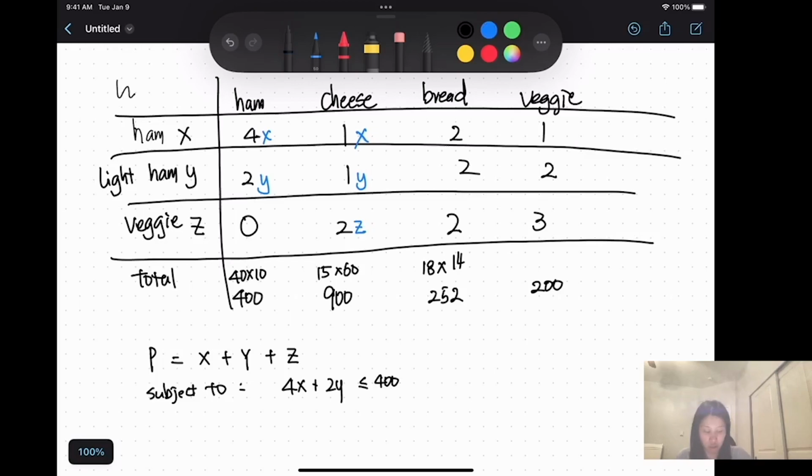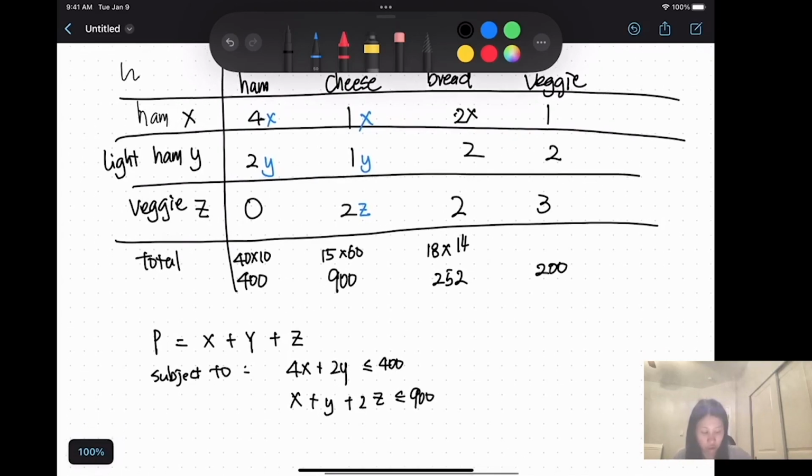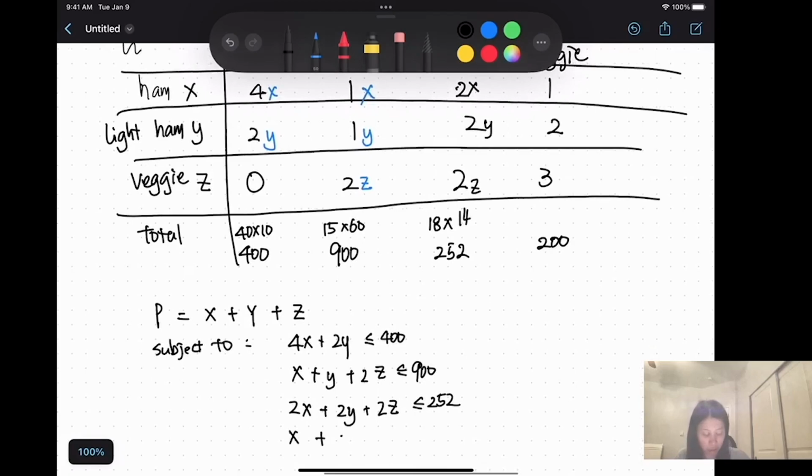So the constraint function should be x plus y plus 2z less than or equal to 900. Similarly for bread, it should be 2x plus 2y plus 2z, which is less than 252. And then for veggie, we have x plus 2y plus 3z less than 200.